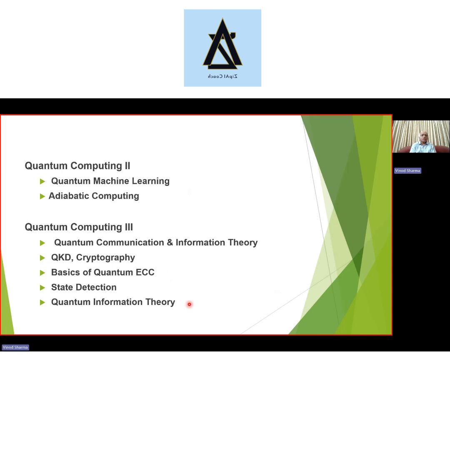At the end, we'll briefly discuss quantum function theory. Each one of the topics that we will be talking about in quantum computing 3 can take a substantial amount of time. So what we will be doing here is giving an introduction to some of these topics and telling the basic concepts there.